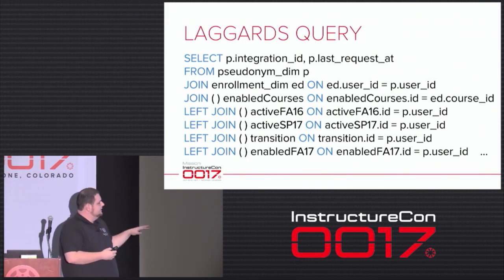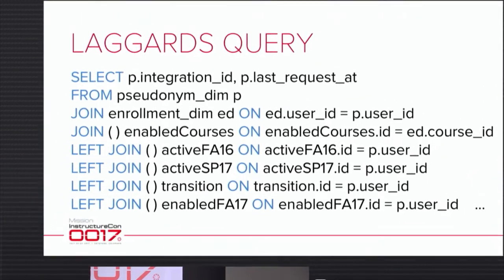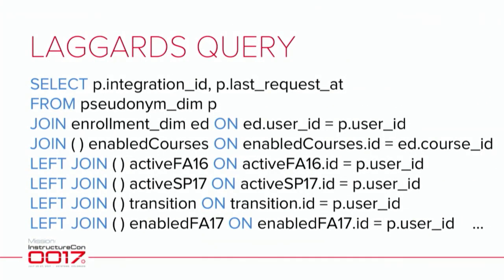And then, so that I could get counts, I created left join subqueries to look at the active course query for different semesters, for the fall 2016, for the spring 2017, and then 2 more enabled course queries. Those aren't looking for activity, they're just looking to break down which enabled courses we're looking at.